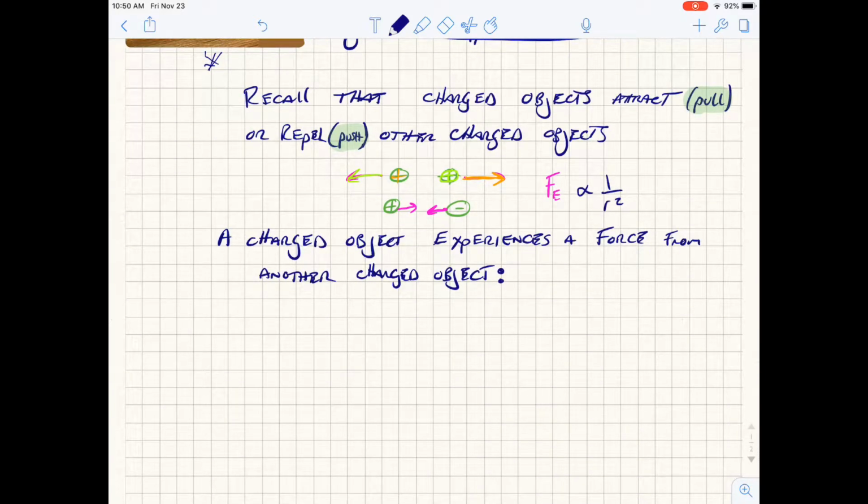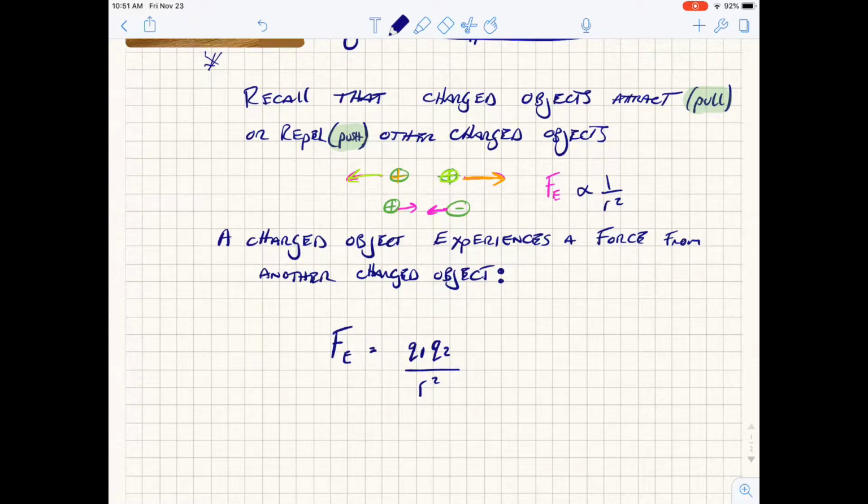And so Coulomb came up with the following set of relationships, and that is the electric force acting on an object is directly proportional to the charge of one of the objects multiplied by the charge of the second object and the inverse square of the distance between them.